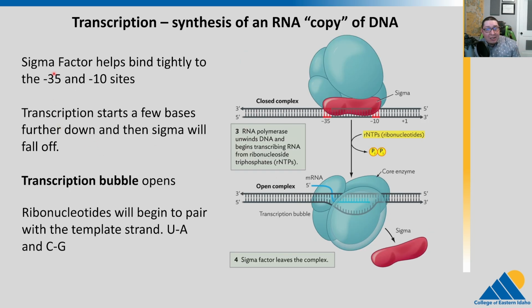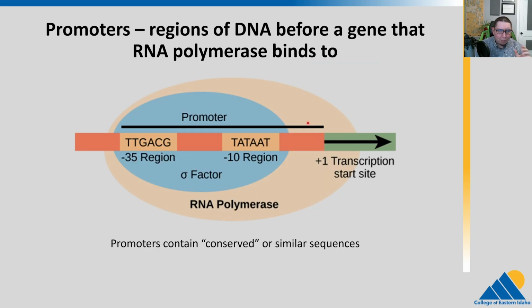It binds tightly to these -35 and -10 sequences, and transcription is going to start a little bit down from this. So once the sigma factor is bound, RNA polymerase unzips the DNA and it starts making an mRNA copy. The sigma factor will fall off and RNA polymerase will continue to chug along using the template strand to build the mRNA here.